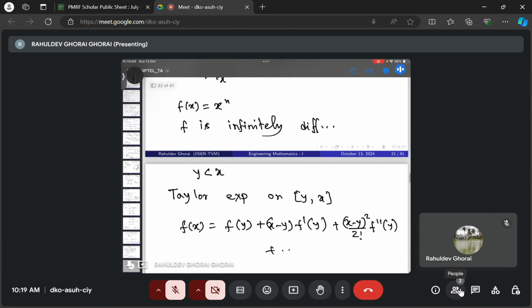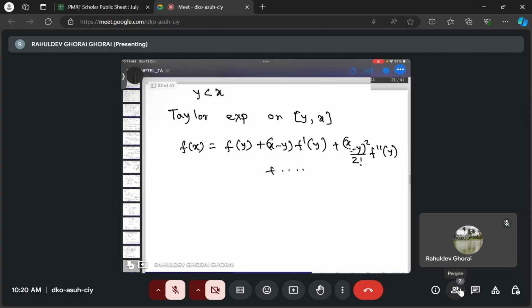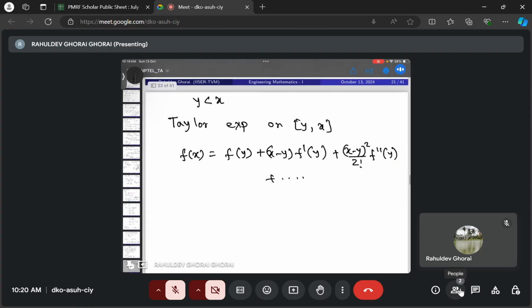And it will keep on going. In this case, the Taylor series expansion will converge to f(x) because of the continuously differentiable function, and you can write it always like this.